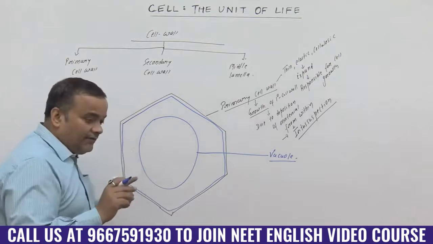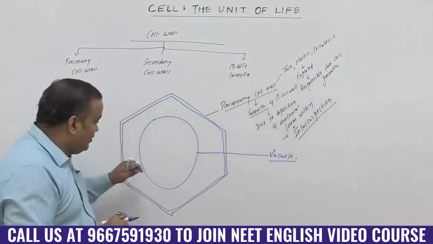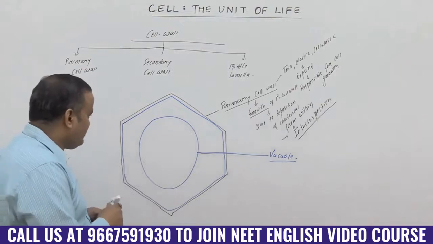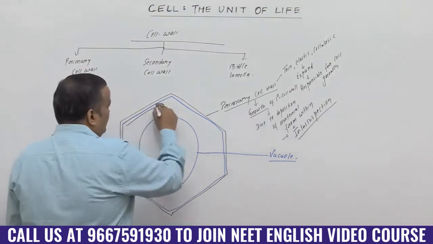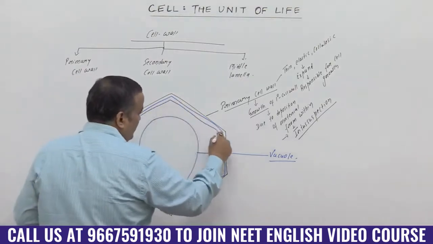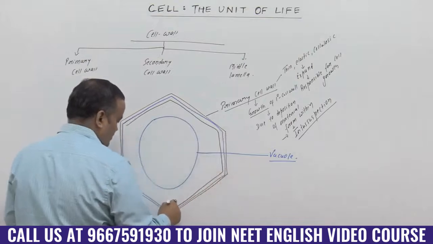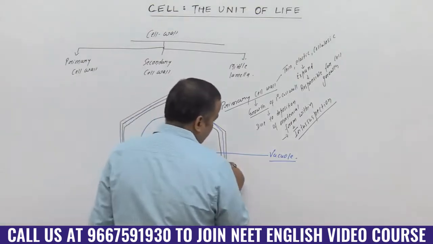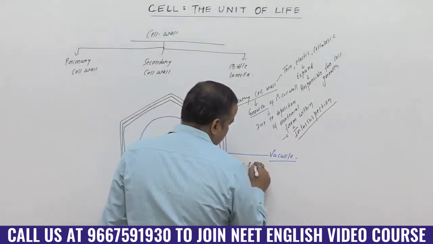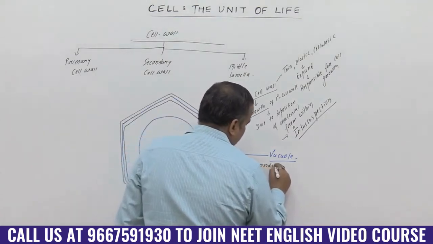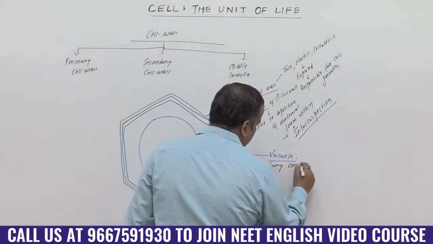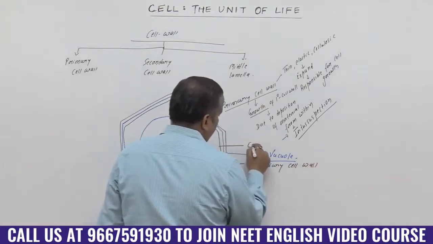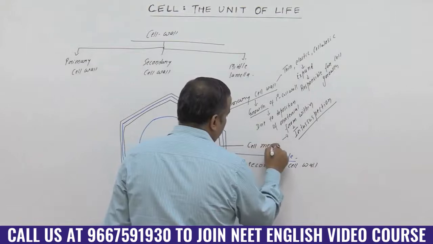And if someone asks you which wall is closer to vacuole or membrane, it is always secondary cell wall which is closer to membrane or vacuole. So this is your secondary cell wall, and this is your cell membrane.